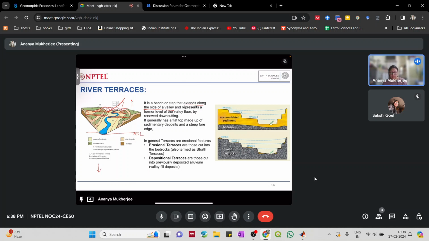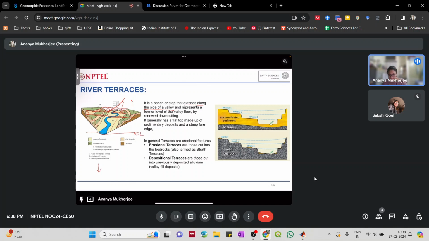So these different occurrences of terraces can help us in understanding the history of upliftment in that area. Any orogenic occurrences that might have taken place in that area can also be studied by understanding these river terraces.